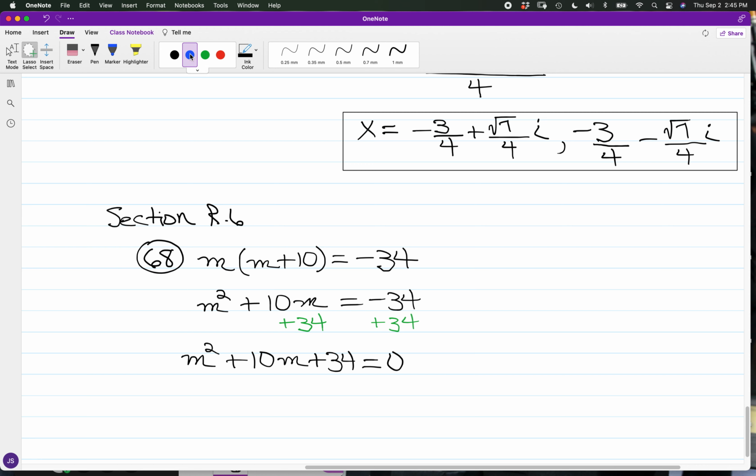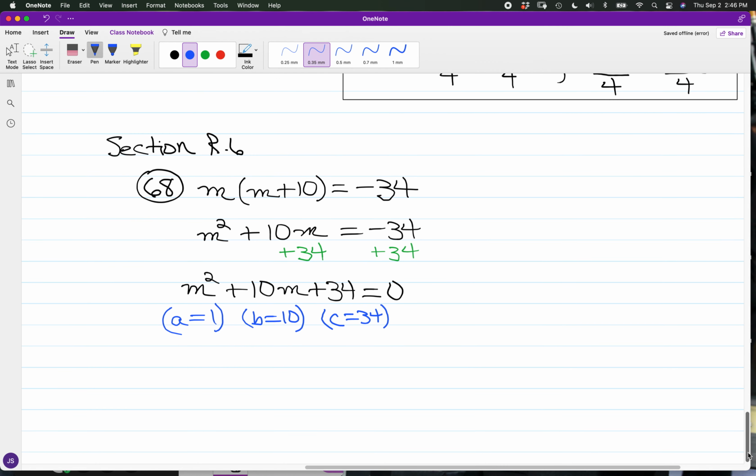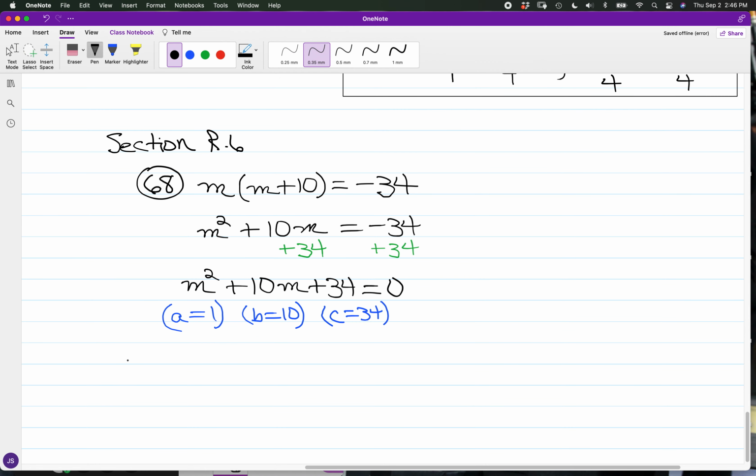So a bit of history repeating. It's a different letter we're solving for, but we still set up a, b, and c to use the quadratic formula. We have a is equal to 1, b is equal to 10, and c is equal to 34. We're going on the same premises, this time solving for m as opposed to x.